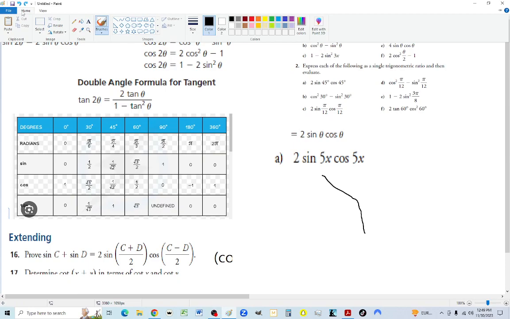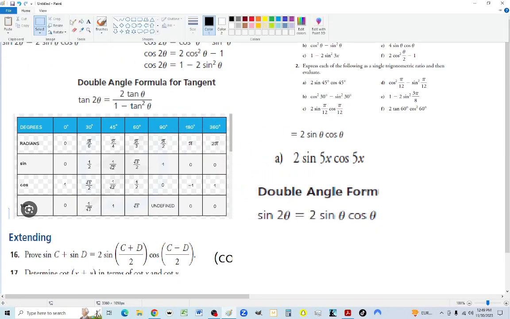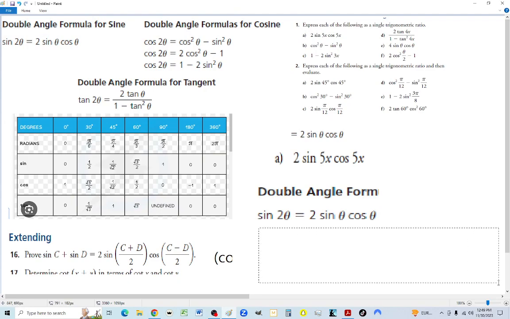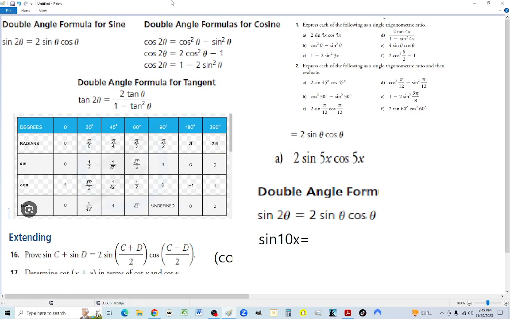So doesn't this make sense? Let's take this formula, and we're going to say, okay, if I had sine 10x, what would that convert to? It would convert to 2 sine 5x times cos 5x. And lo and behold, that's what we have here. So that means the above is equal to sine 10x. This is equal to that. So it can be replaced.